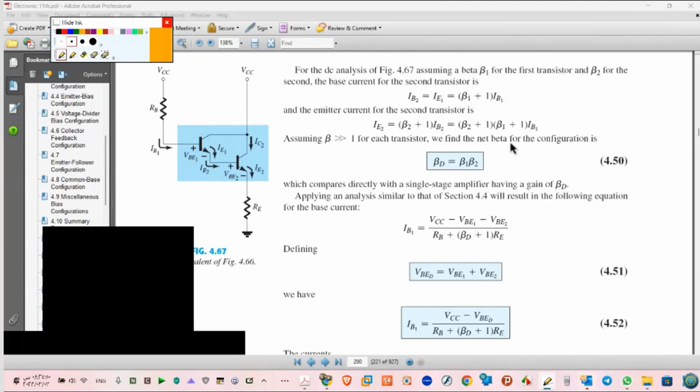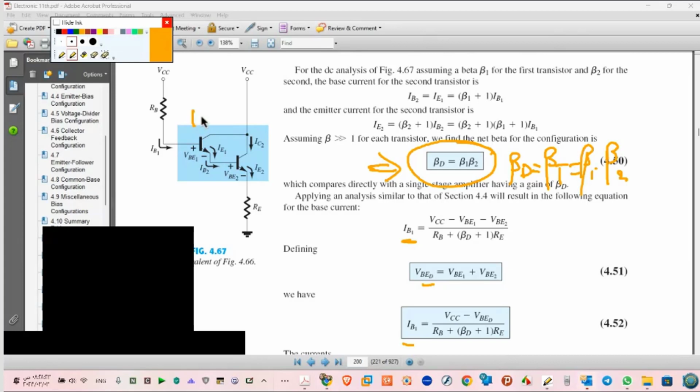I need this: in Darlington, beta Darlington or beta total is beta 1 multiply beta 2. Then you can calculate IB1, VBE1, and IB1 directly from the formula. It's easy, but I need to focus on this. Beta D, beta Darlington, is beta 1 multiplied by beta 2.